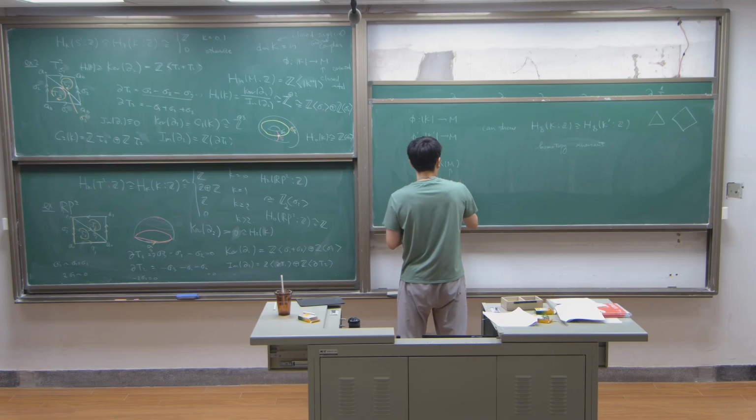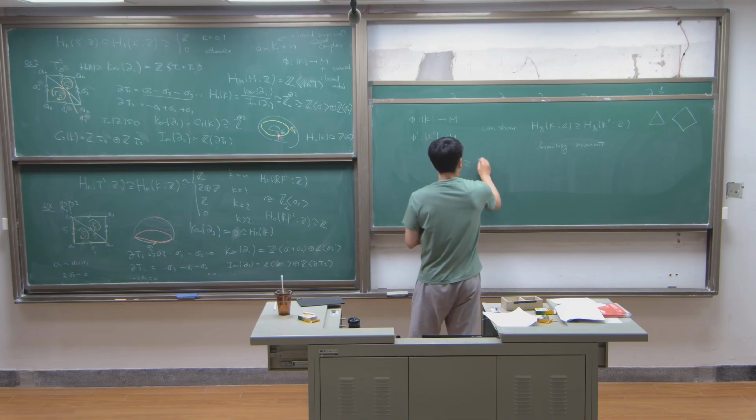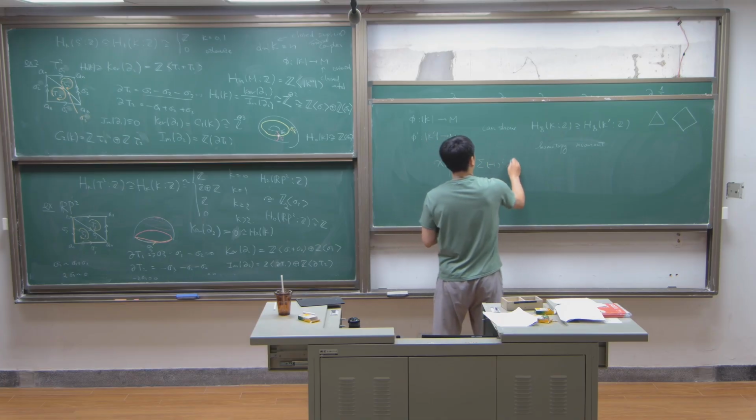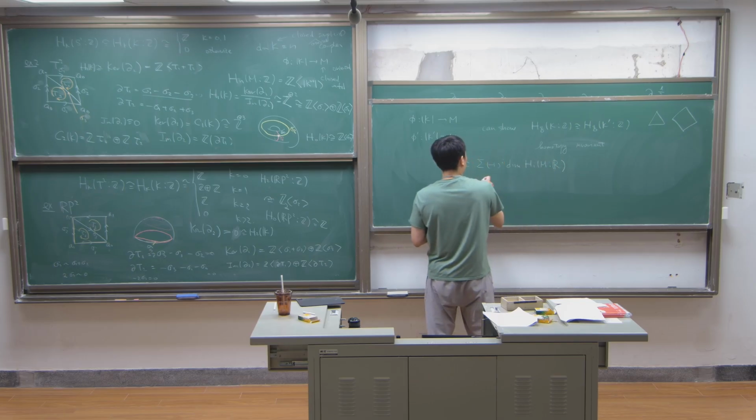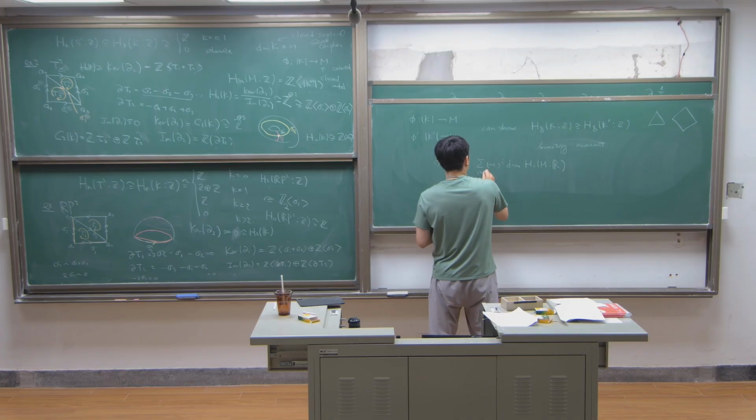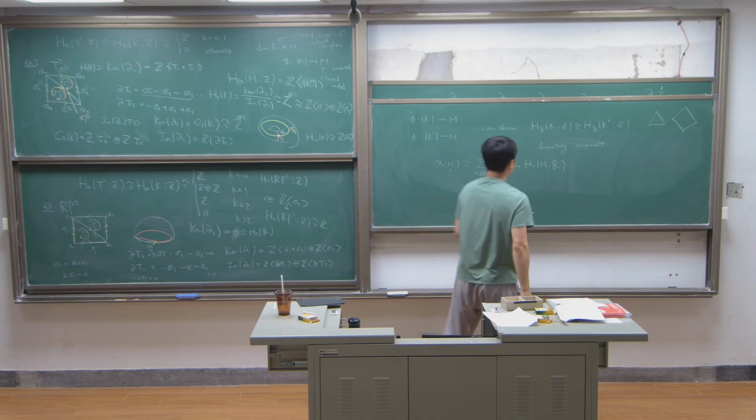For the manifold M, this can be defined as the sum over i of the dimension of Hi of M over R, so this is very important. I is equal to 1 to n, or i greater than or equal to 0, of minus 1 to the i.